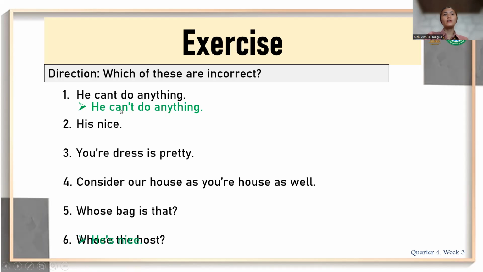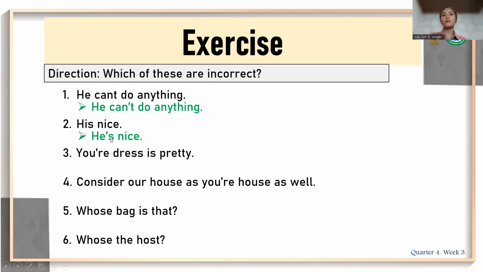Okay, for number 2, here is he's nice. This is the incorrect form of writing his in this part of the sentence, since it should be he's nice, which is he is nice, and this form of he with apostrophe is a contraction for he is nice.